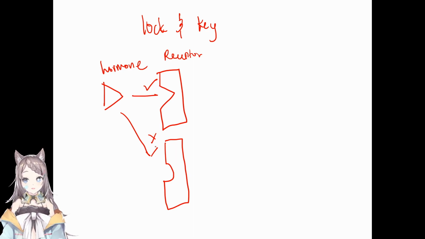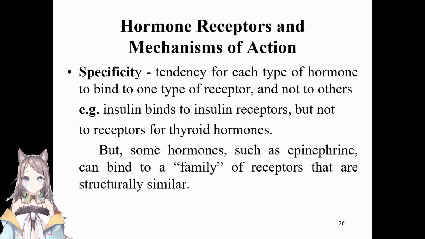It states that hormones or drugs can only bind to receptors that have specific shapes that can accommodate binding of that drug or hormone. So there is specificity. However, some hormones such as epinephrine can bind to a family of receptors that are structurally similar.